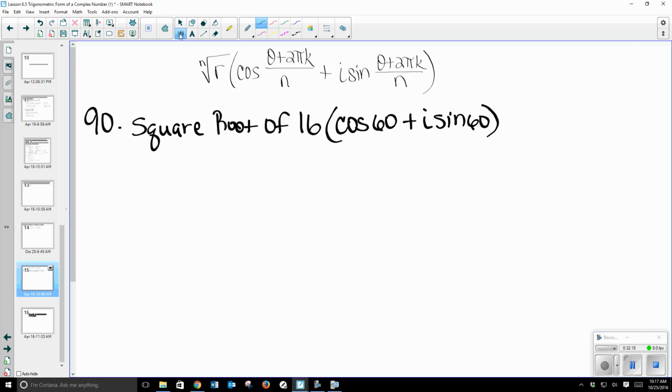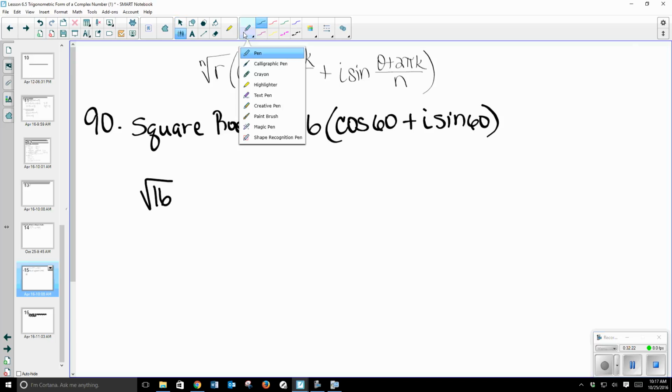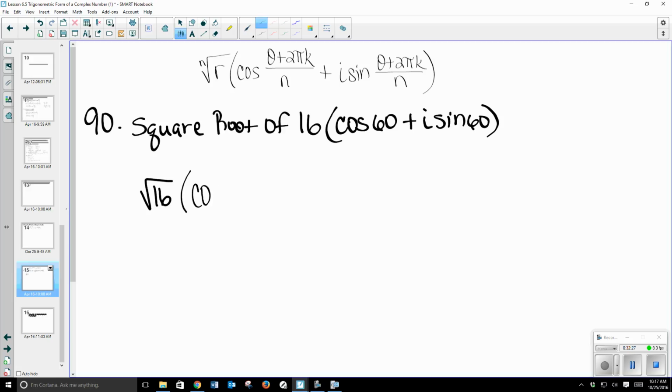So to find the square root, you would do square root of 16, and then cosine, the angle is 60 plus, do we want to work with 2 pi since we have the degree measure here? Wouldn't it be better to work with 360?